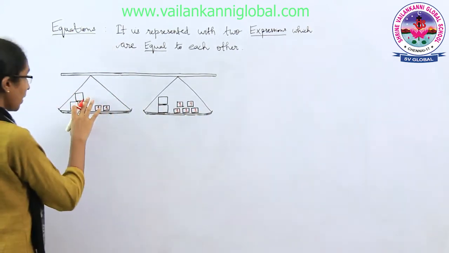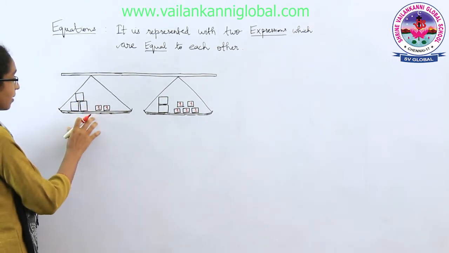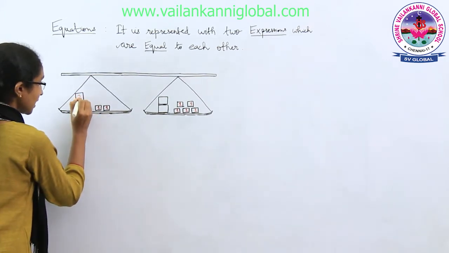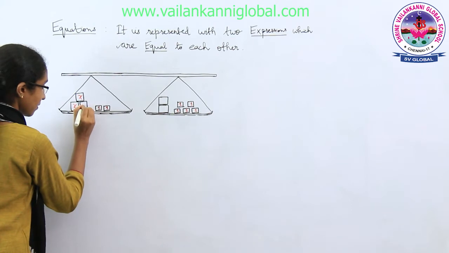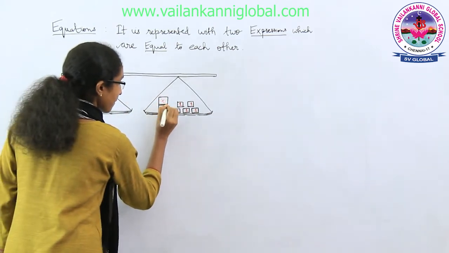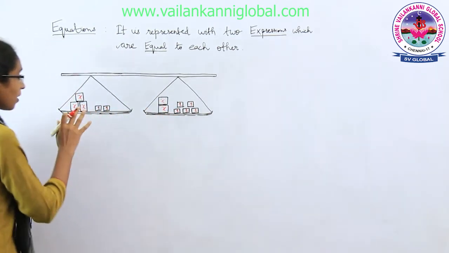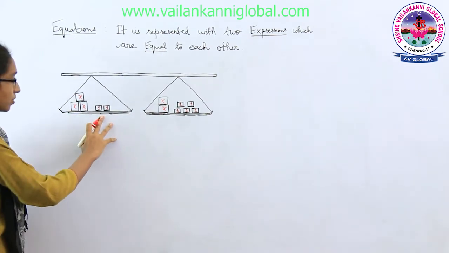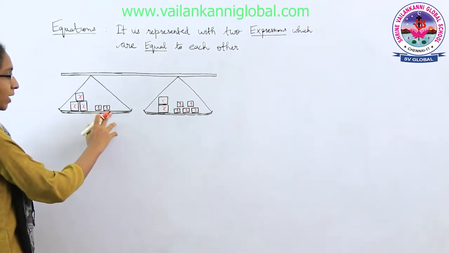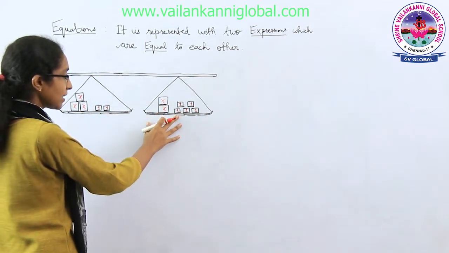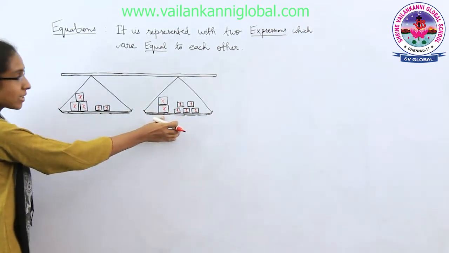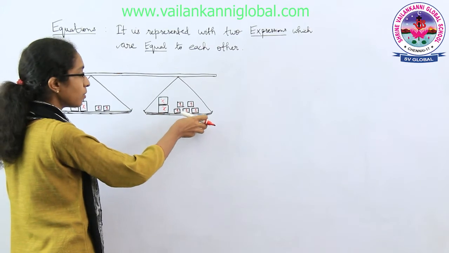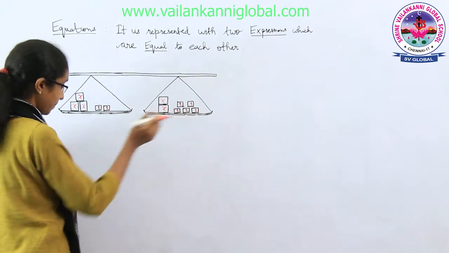Whereas the weight of the big boxes is not known. So we denote it as x. So now we have 3 x boxes and 2 small boxes with weight 1 each. And on the other side we have 2 x boxes and 5 small boxes with each weight of 1.